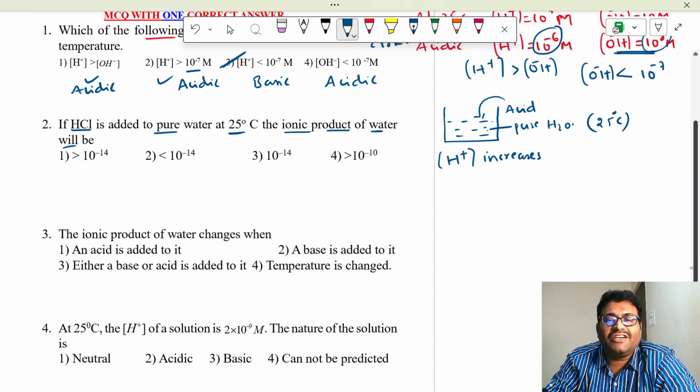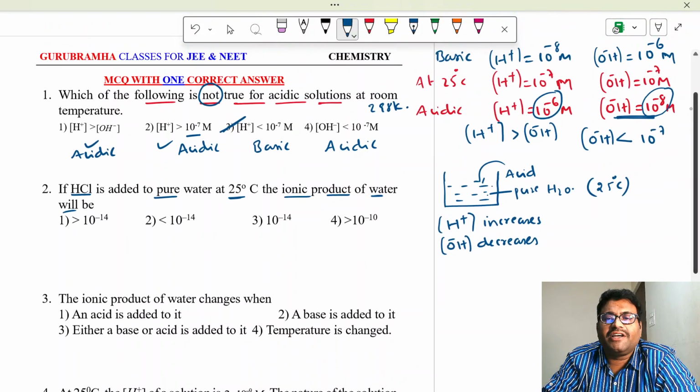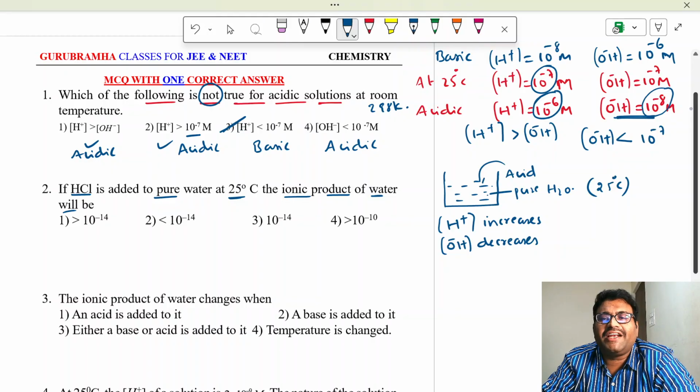When H plus ion concentration increases at a particular temperature, automatically OH minus ion concentration decreases. Before we have seen, if H plus becomes 10 power minus 6, OH becomes 10 power minus 8. If H plus ion concentration increases, OH minus ion concentration decreases. But overall the ionic product of water remains constant, 10 power minus 14 moles per liter square.